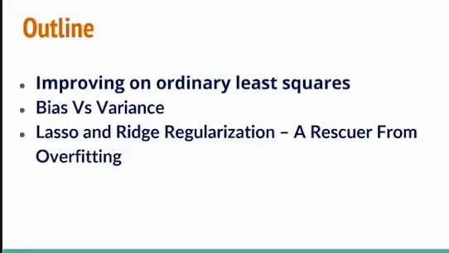In the outline, the bottom line is that we've been trying to see how we can improve on the ordinary least squares. I told you the other time that the performance of the ordinary least squares can be in jeopardy when the number of features in regression modeling is more than the number of observations. We expect the OLS to perform badly in that regard.